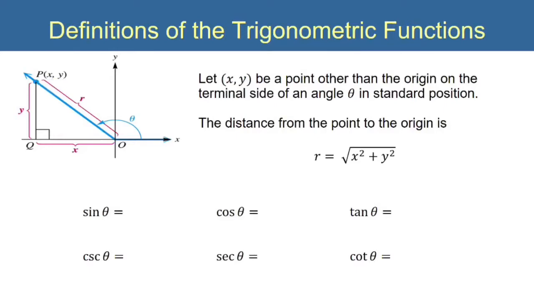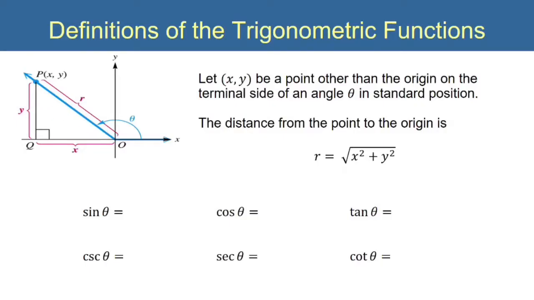That means that if we were to draw an imaginary line from point P straight down to the x-axis, we would have a right triangle. The horizontal side of that right triangle would be x, and the vertical side would be y, and the hypotenuse would be what we're going to call here r.